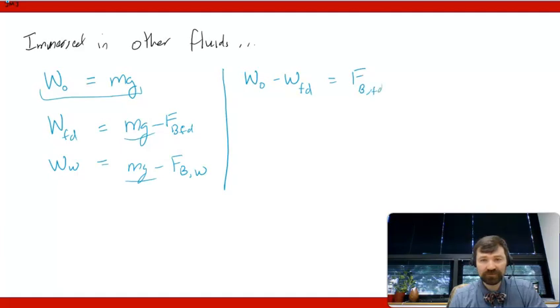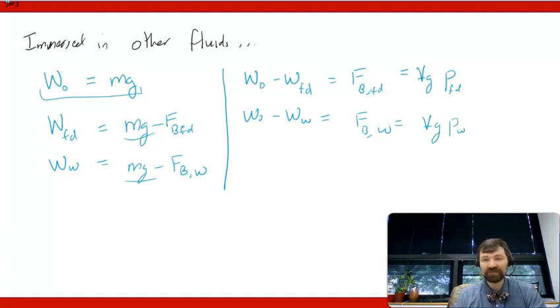in the fluid. If we do W naught minus W water, then we have the buoyant force of the object in the water. But that's just the volume of the object times g times the density of the fluid versus the volume of the object times g times the density of water. So if we divide these two by each other, you're going to end up getting the specific gravity of the fluid.